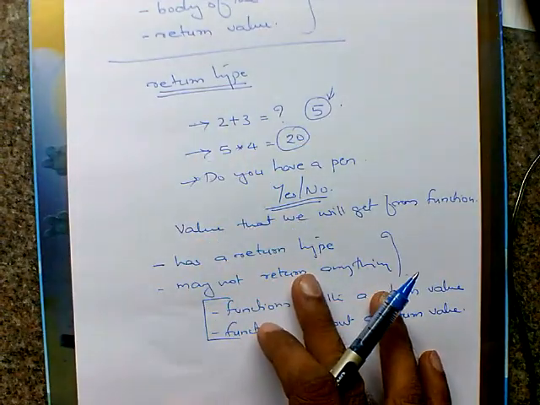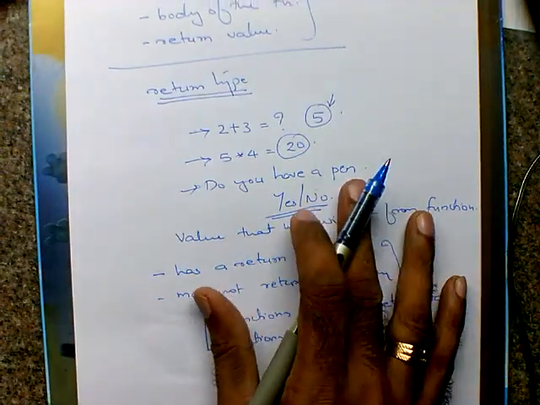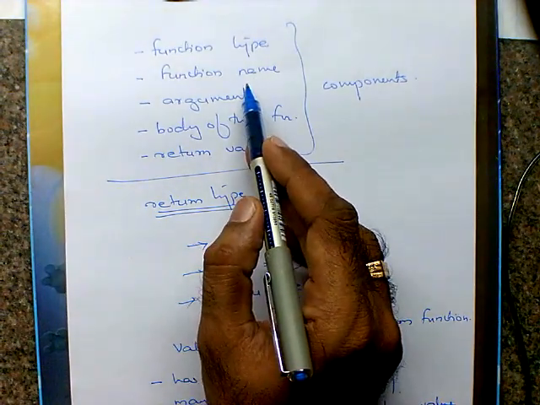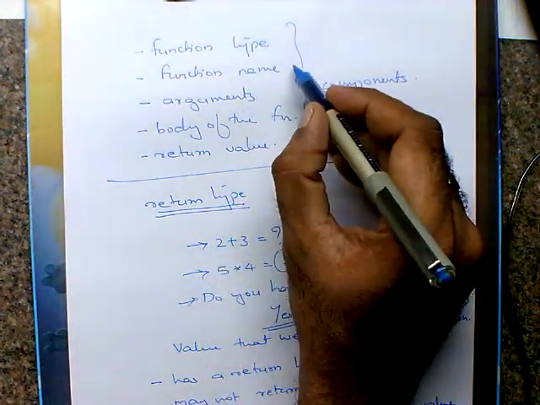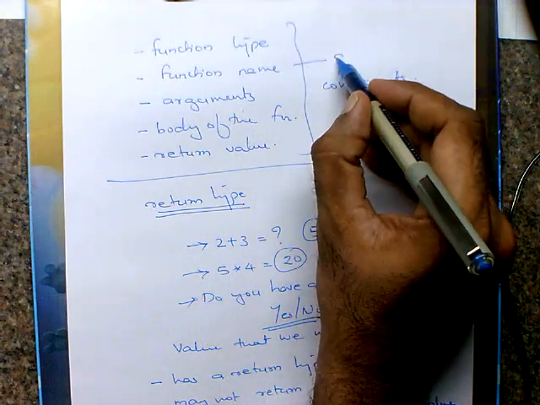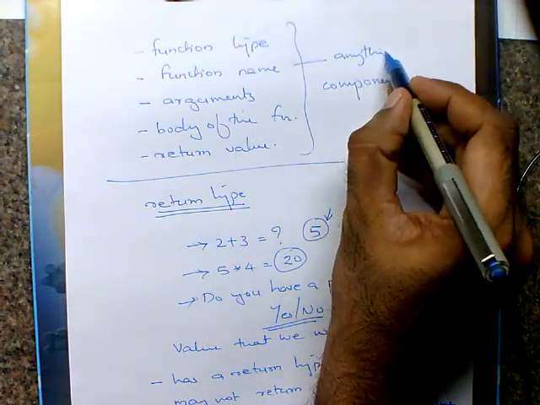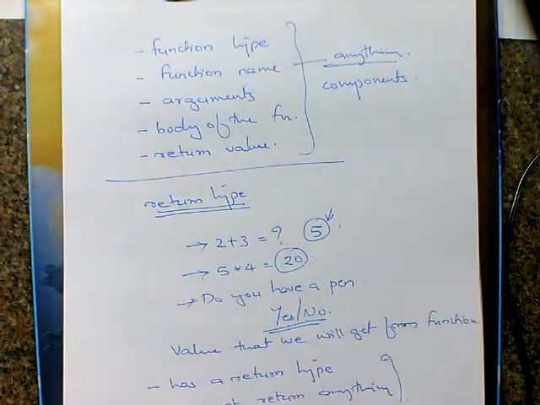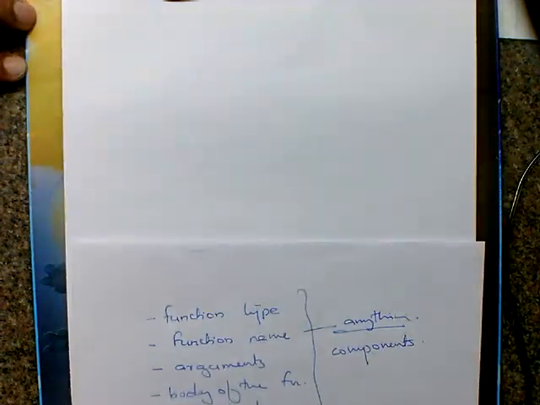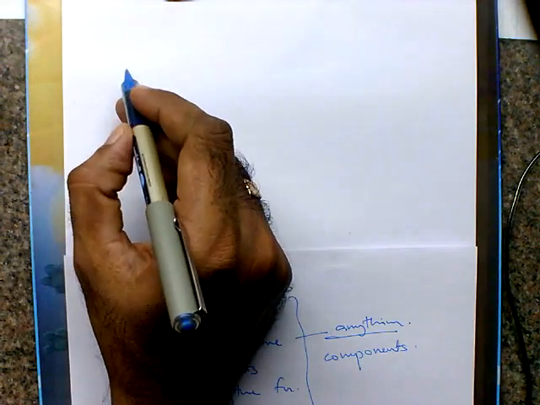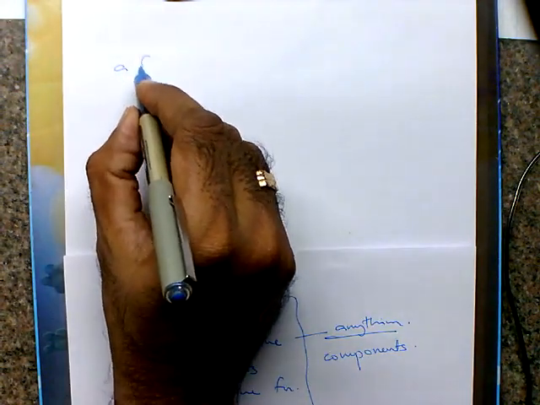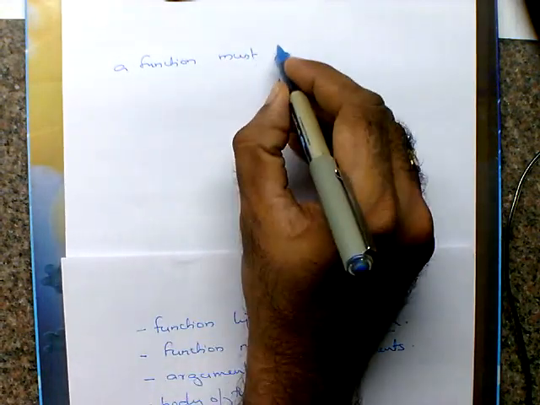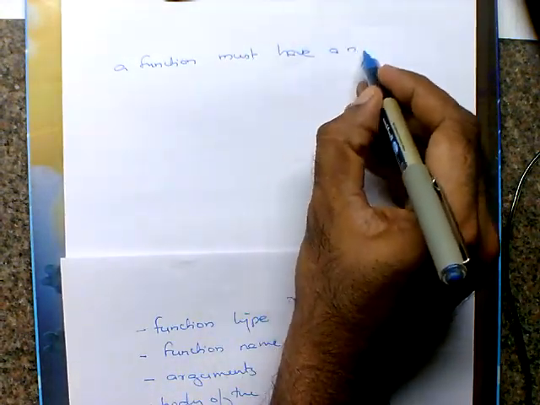Now we will see what is meant by function name. That is the next point we want to discuss. What is a function name? Function name can be anything. A function name can be anything means a function must have a name.